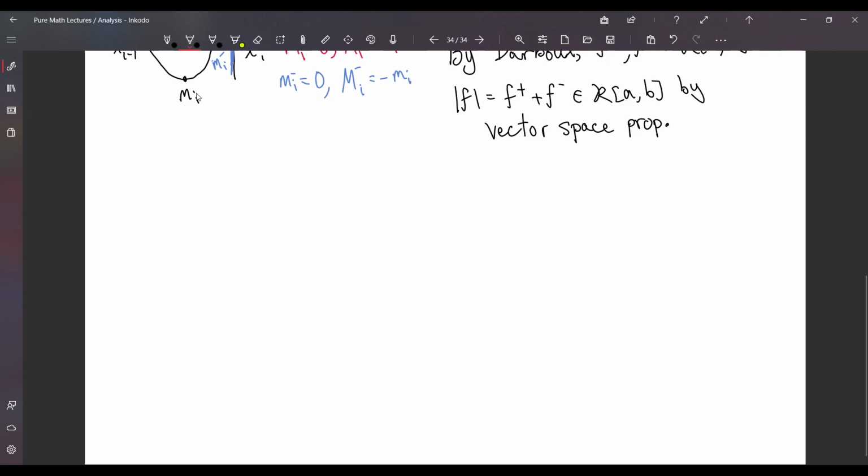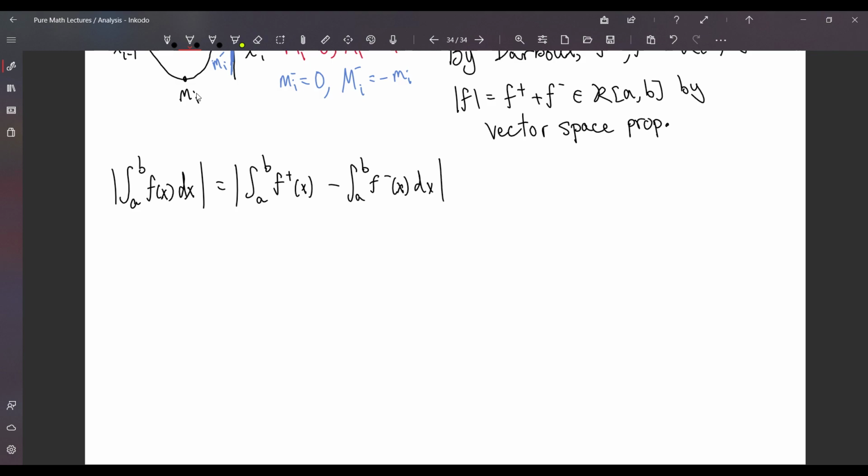So what we can do is we start with the left-hand side, so we have the integral of f of x dx. f of x is f plus minus f minus, so this is going to be the integral of f plus minus the integral of f minus.